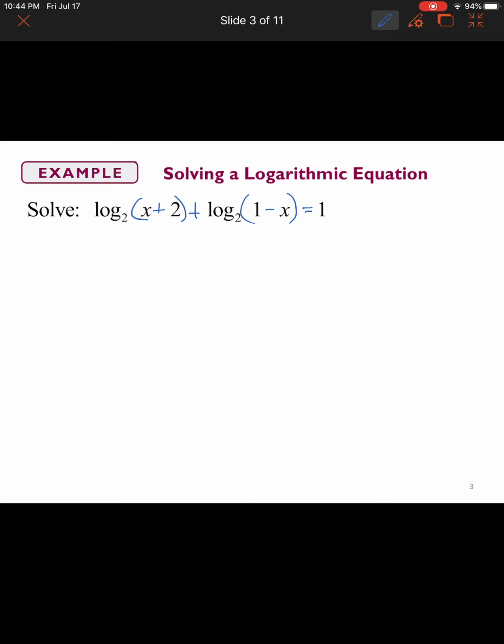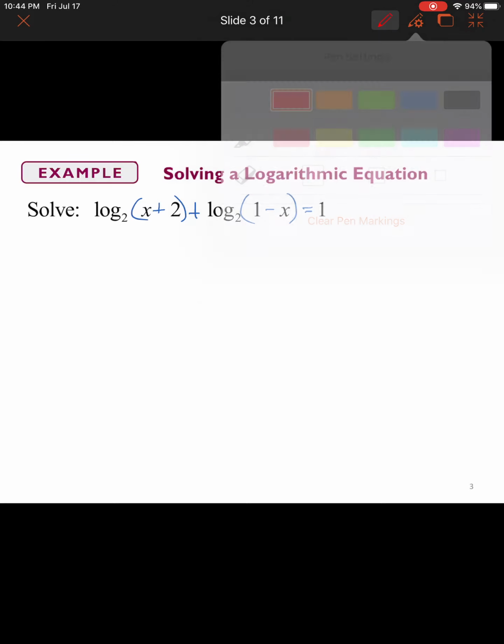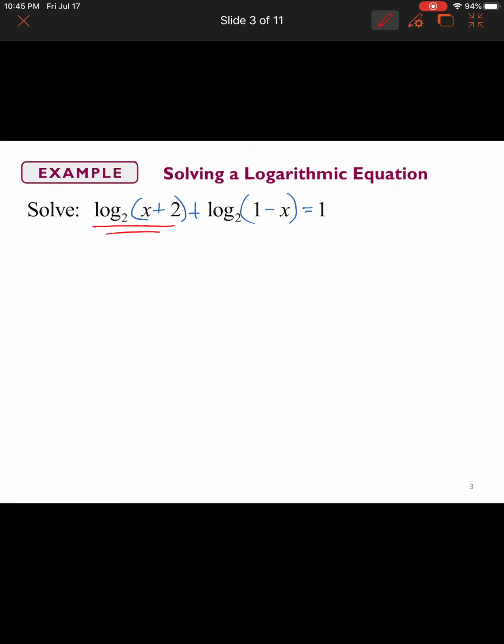Anytime two logs are separated and they have the exact same base and they're separated by an addition sign, we can combine those into one log using, that's right, sum to product rule, or product to sum.